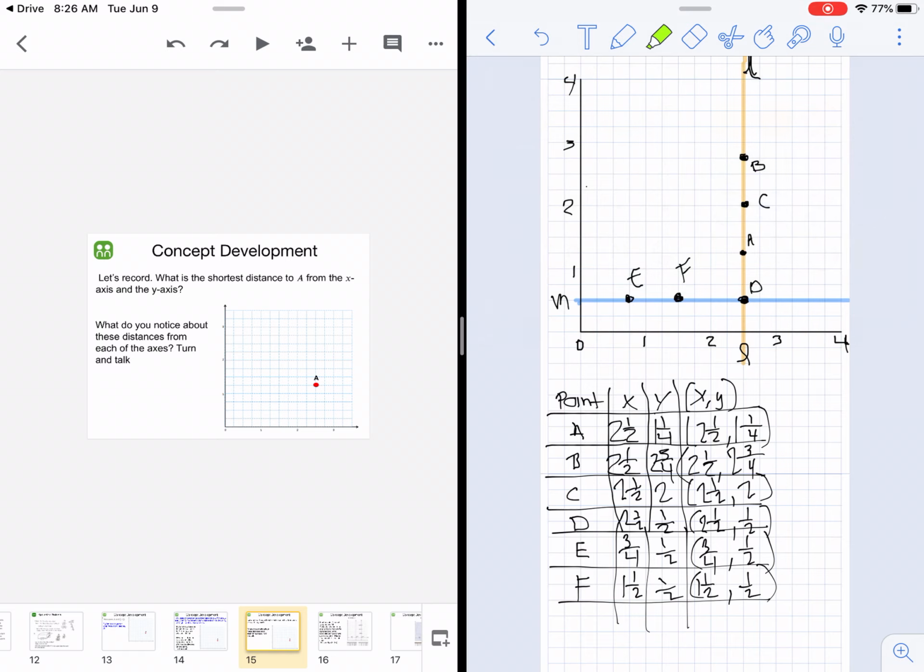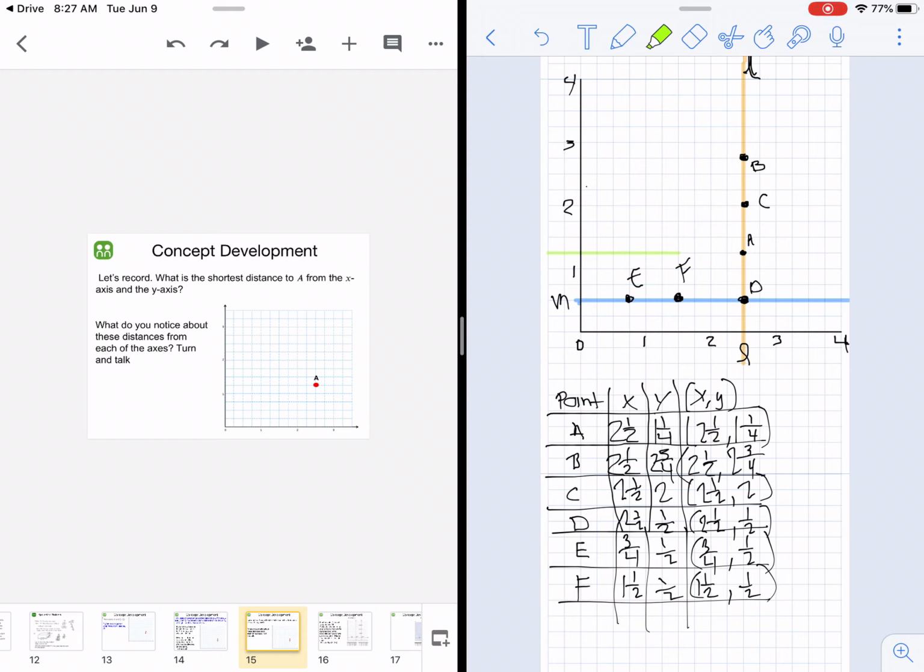And I want you to tell me to stop when I get to a location that is 1.5 units from the y-axis. Here we go. Stop. Okay, that's 1.5 units from the y-axis. Very good.